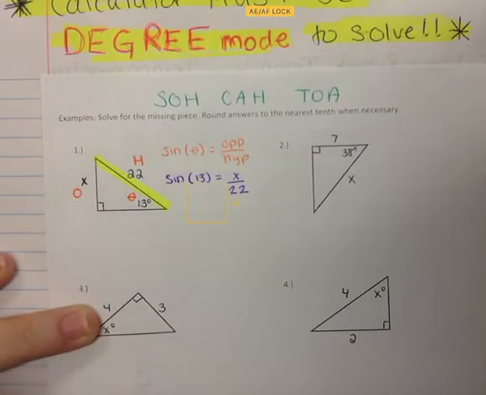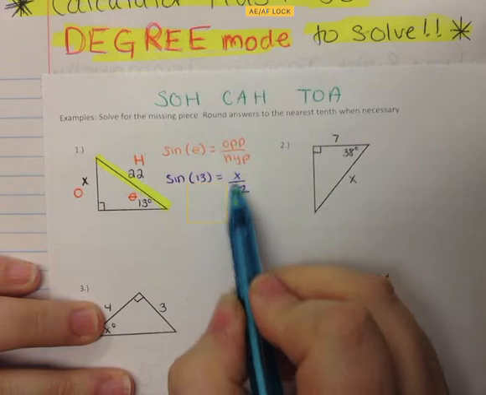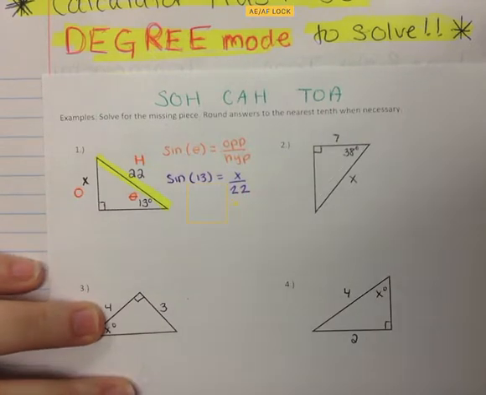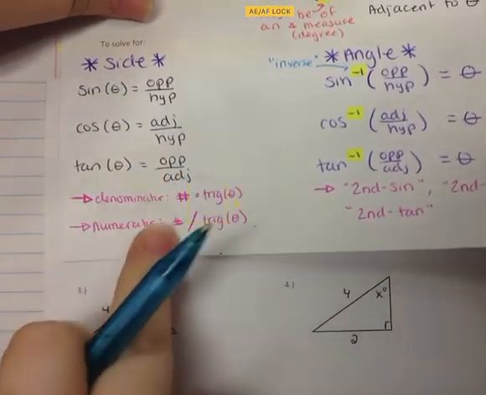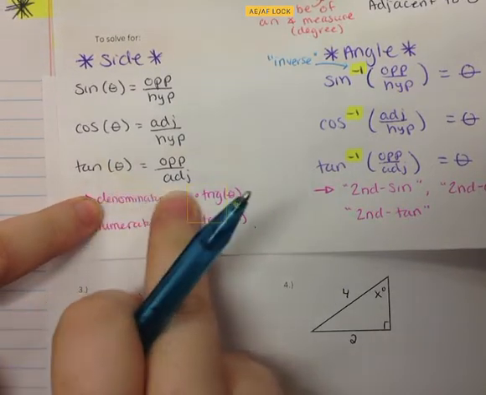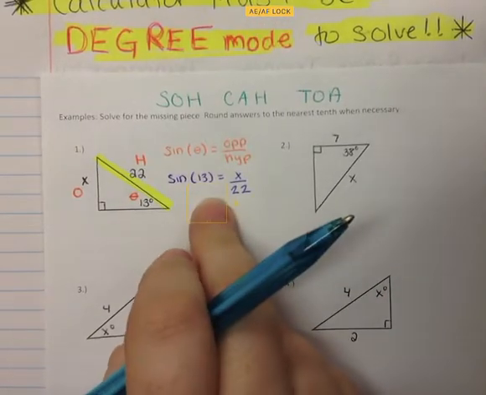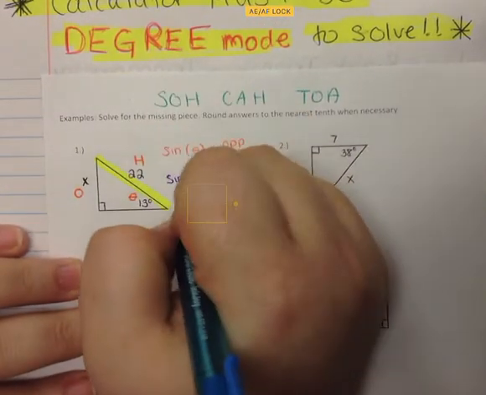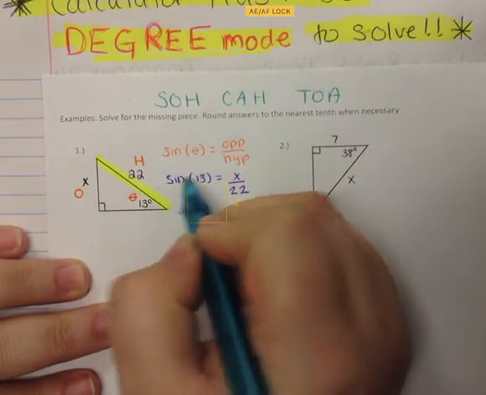Now we want to solve for x. On here, we have the denominator, and if we remember back from the last video, if we're solving for a side, because we have theta, we have the denominator, we're going to do our number times the trig. Number times the trig. So our number is 22. We're going to times it by that trig of theta, which is that sine of 13.